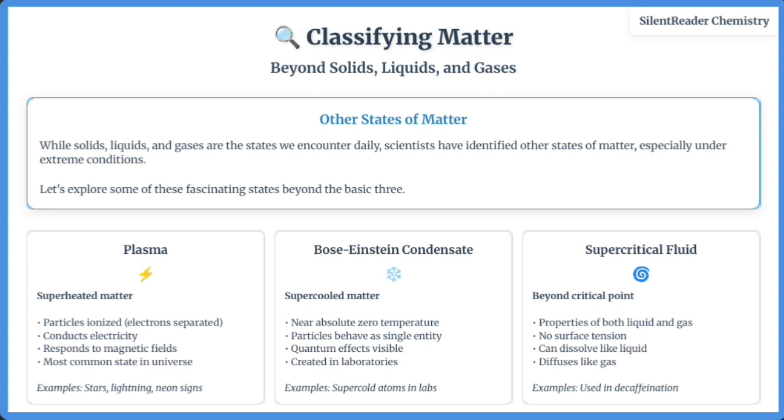Even solids can be crystalline with repeating patterns or amorphous with random arrangements like glass. Understanding states of matter has led to refrigeration, power generation, materials science, food preservation, medical applications, and space exploration technologies.